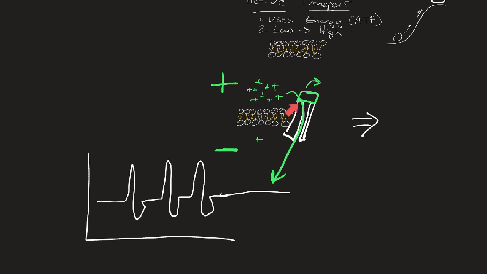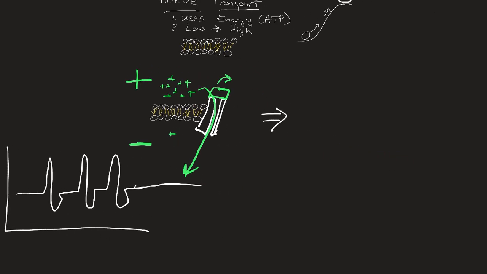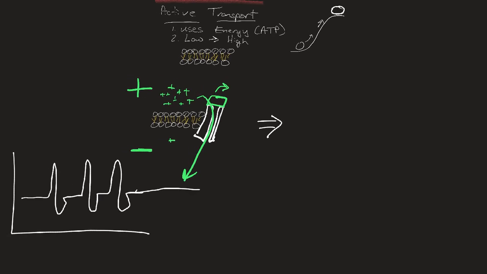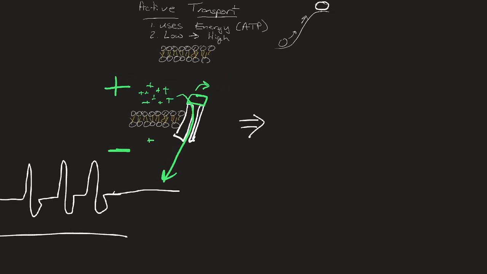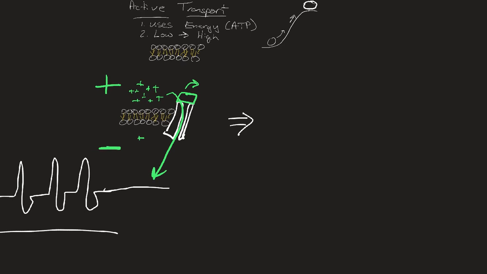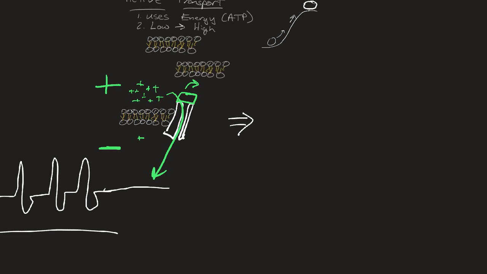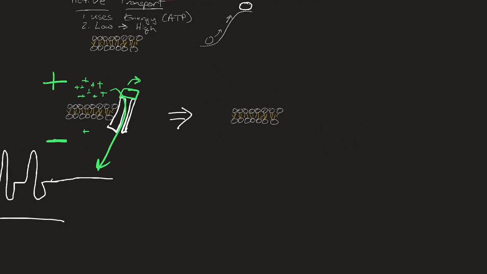That's fine. This part's passive. It's ligand gated and voltage gated. Fine. But what happens? How are you going to make it polarized again? What do you have to do? Nobody? Just guess. It's not something any of you know. What are you going to have to do?